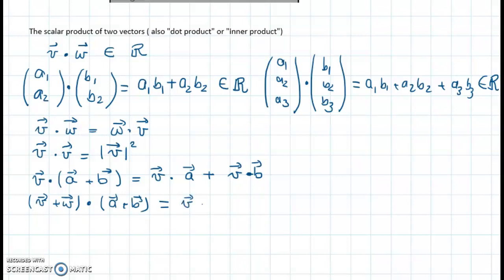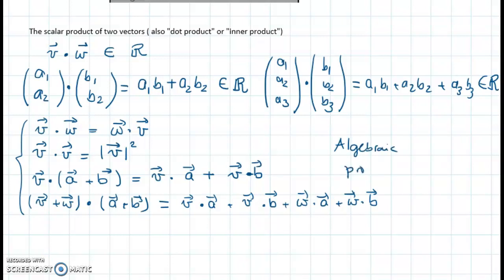So it will be v dot a plus v dot b plus w dot a plus w dot b. So these are some algebraic properties of this new product.